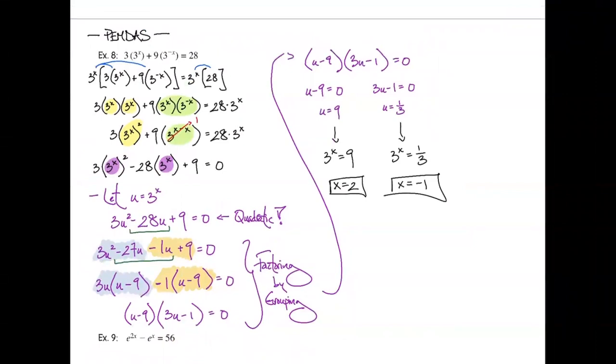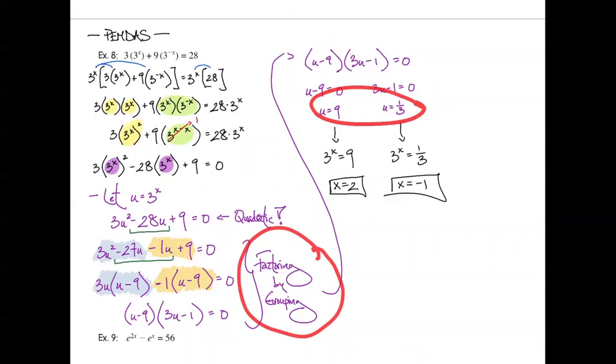All right, so here's the problem on one page. Let's look at the flow of this before we move on to the next example. We started off in X land. We did all this work with X's to create a structure where, with a simple substitution, we could turn it into a quadratic equation. We did a brief review of one technique to factor, which is factoring by grouping, and we were able to get to U answers.